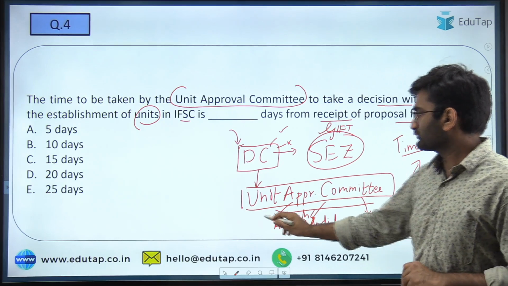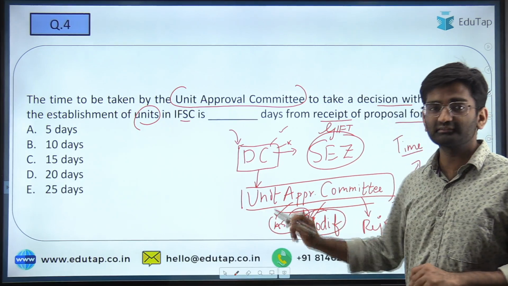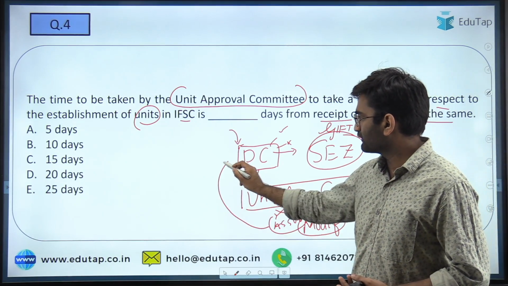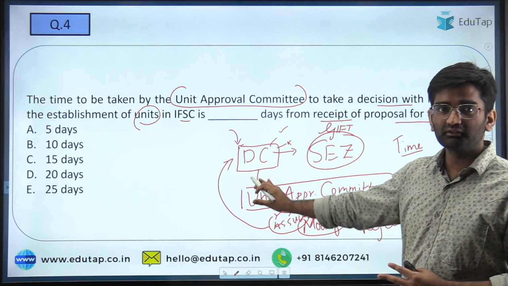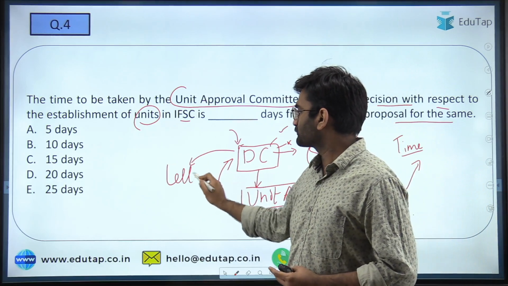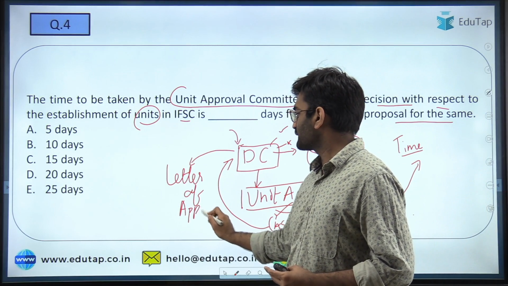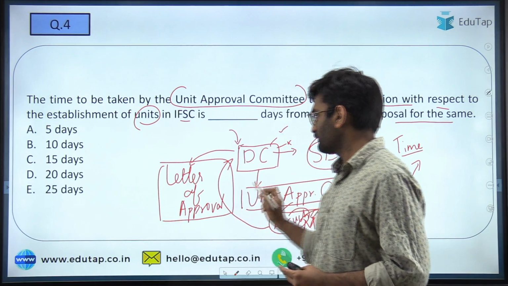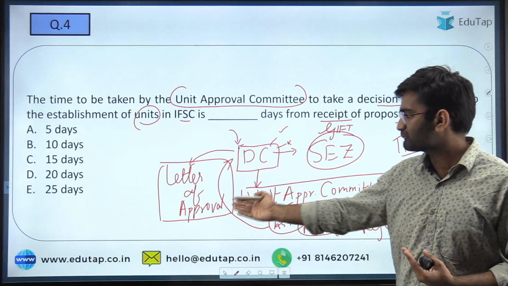After the unit approval committee, let's say it has approved or, with modifications in the proposal, moved it forward, the decision comes back and is conveyed to the development commissioner, and then the development commissioner comes up with a letter of approval. The letter of approval can be the same as the way the application has come.